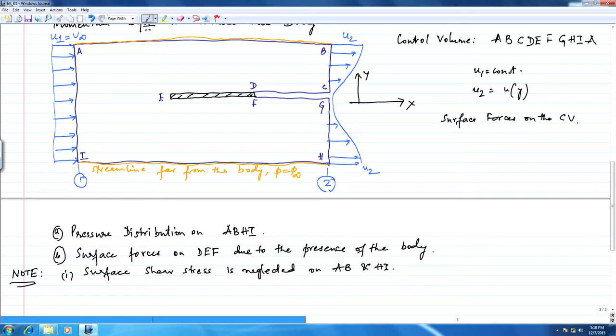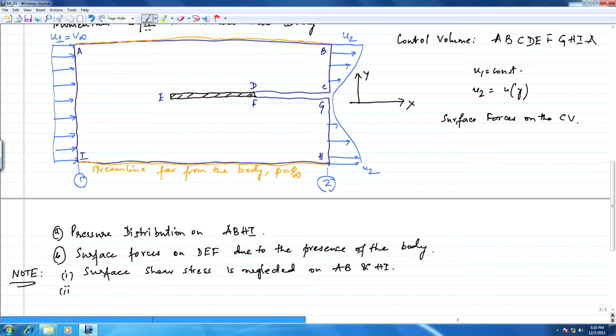Now, why is that? Well, that is because these two parts of the control volume are far away from the flat plate, and there it is basically the free stream, and the viscosity effects are negligible. So, that is the far end.